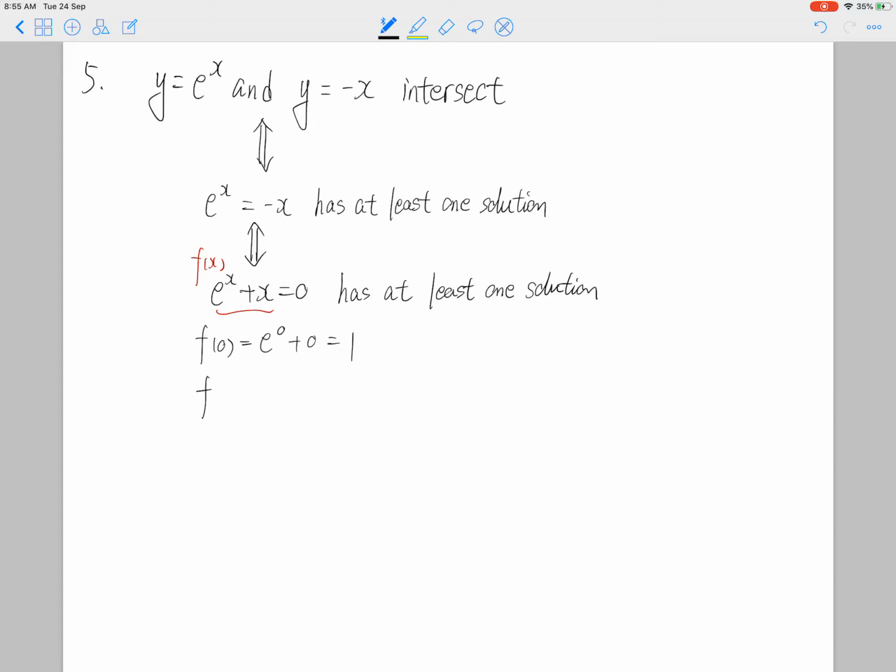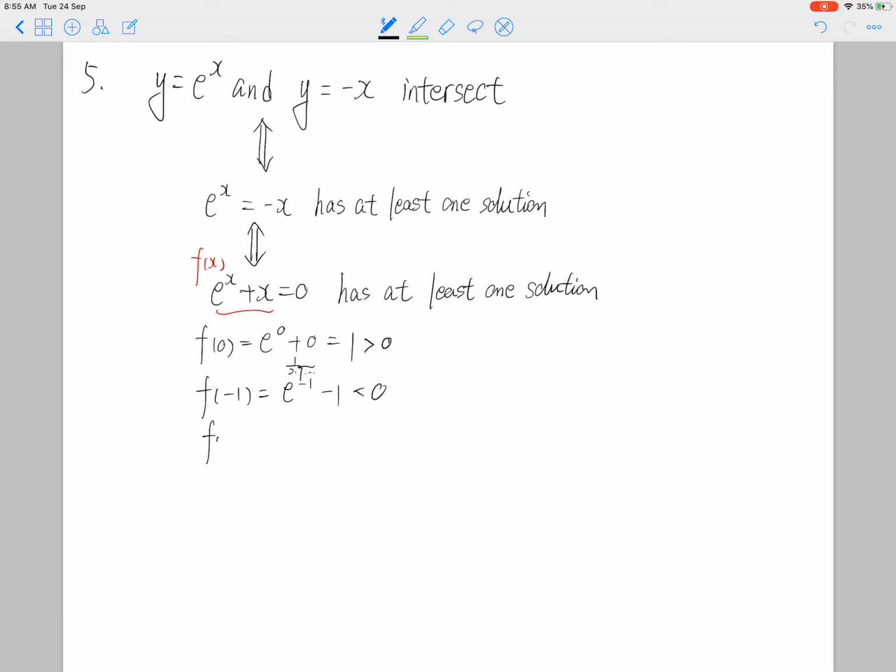So our x, we should give it a negative number, negative 1: e to the power of negative 1 minus 1. This part without calculation is 1 over 2.7 something, so it's definitely smaller than 1, right? So this is smaller than 0.